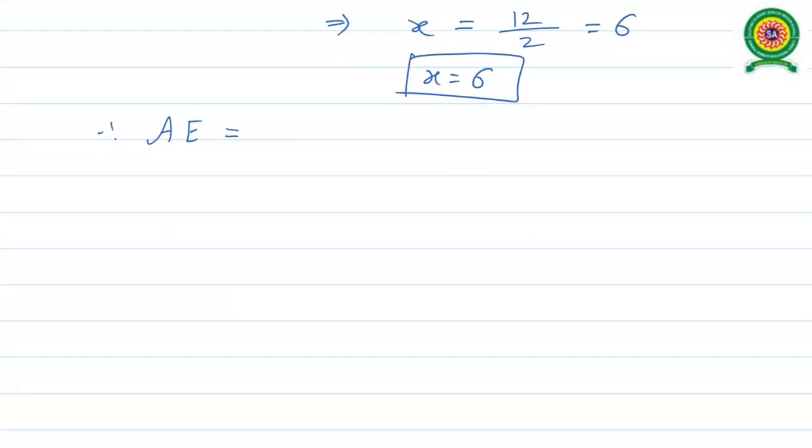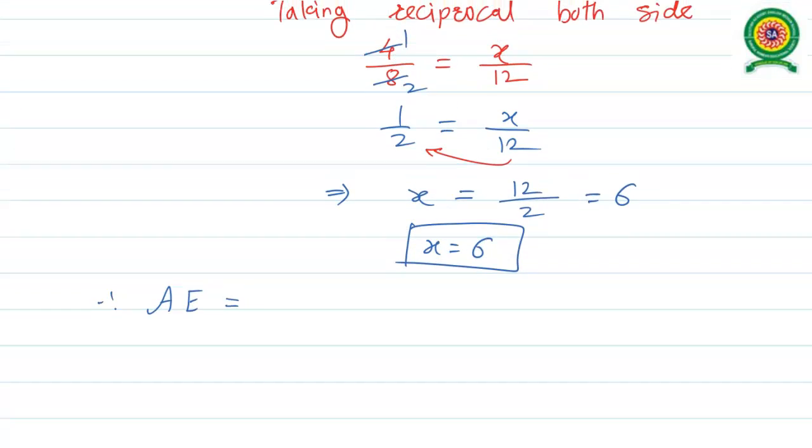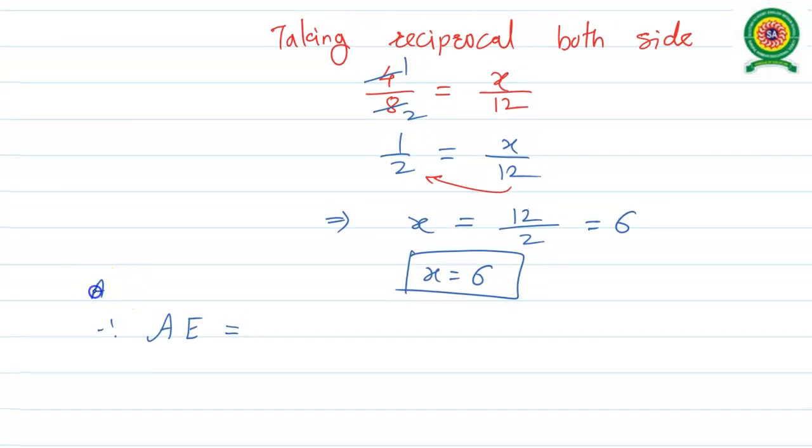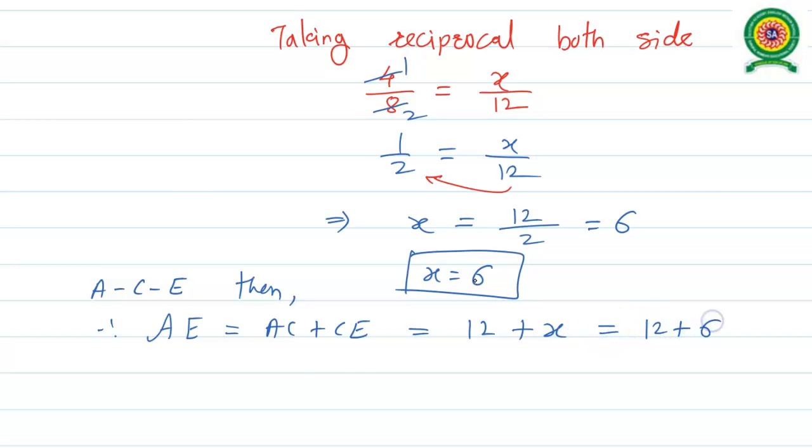So once the points are in sequence, that means A, C, E are collinear, we can write AE equals AC plus CE. AC is 12 and CE is x, which is 6. 12 plus 6 becomes 18. So we get AE equals 18. Hence we have completed practice set 1.2.